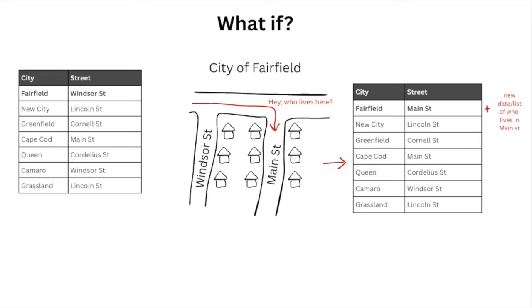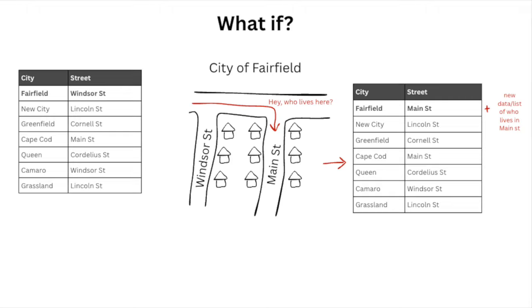But what if the information bank currently stores the information for Windsor Street residents for Fairfield? Well, this is like a cache miss. So the information bank would have to send a representative to the city of Fairfield and go knock on every Main Street resident's door and ask who lives here.